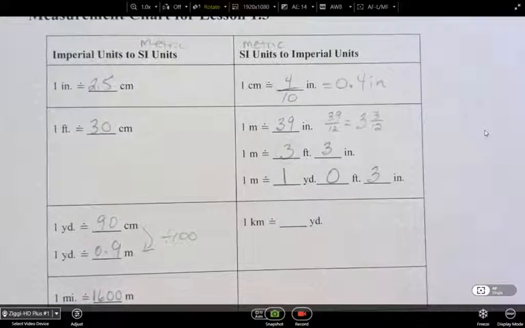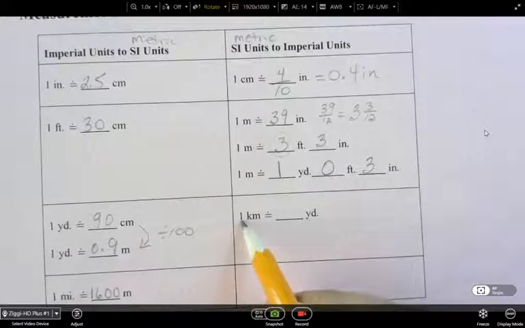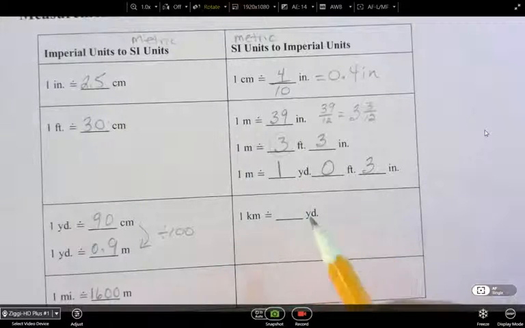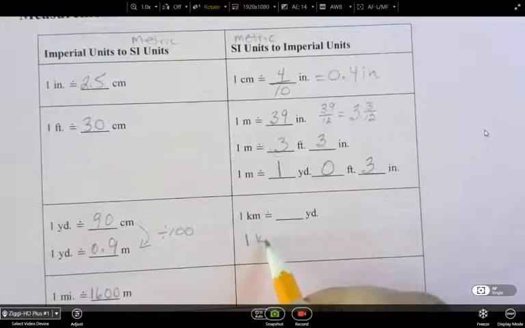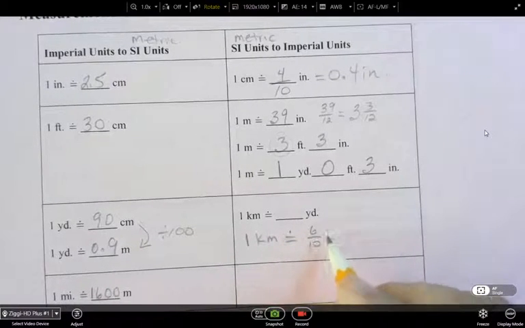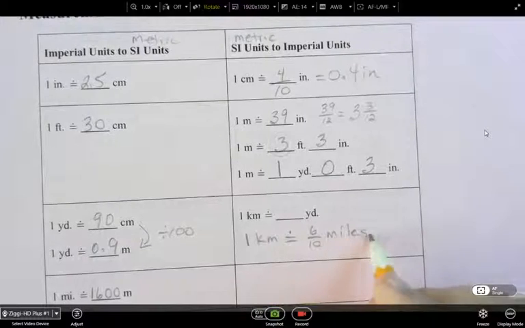Now let's look at 1 kilometer approximately using the conversions that we have here. How many yards is 1 kilometer? So here, we can use the fact that 1 kilometer is approximately equal to 6/10 miles, right?